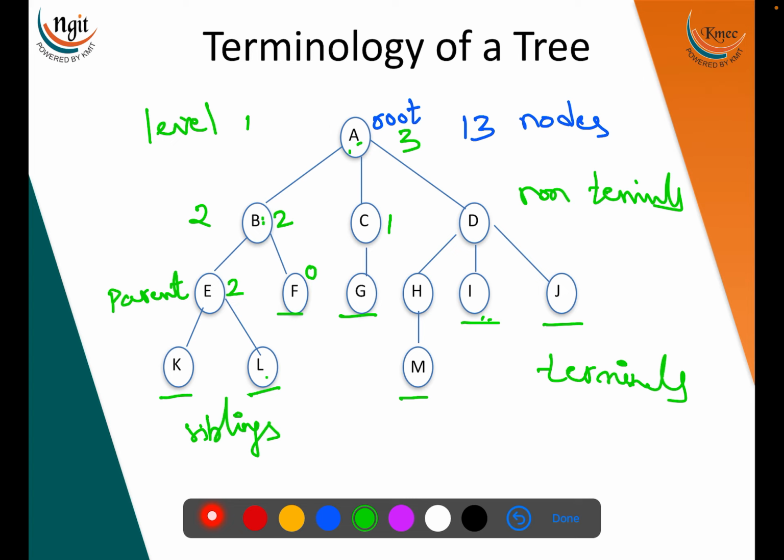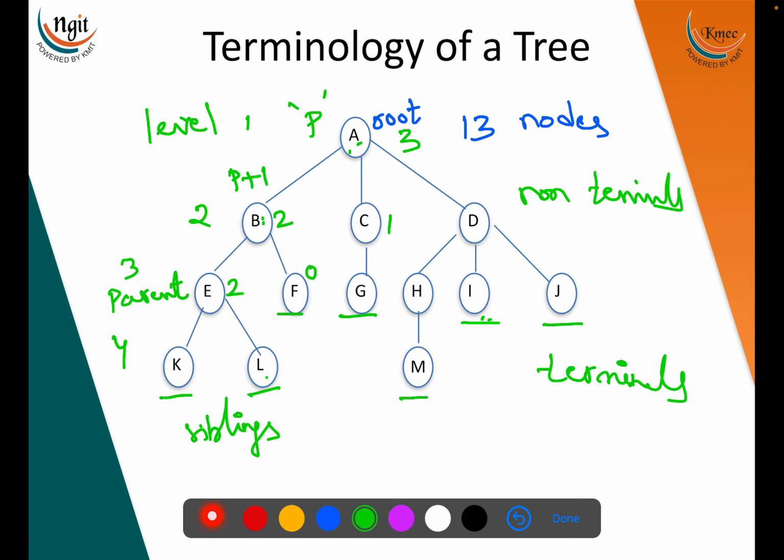Now let us assume A's level is P. If A's node level is P, then the children of A will be P plus 1. So P is equal to 1, then the children nodes become P plus 1. Hence level 1, level 2, level 3 and level 4. Okay.